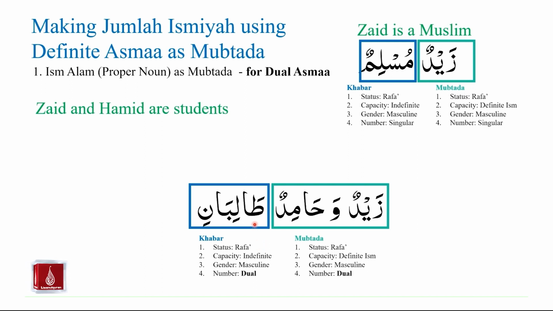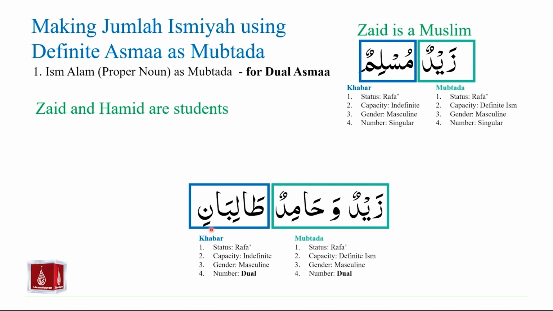Why? Because we know that ani and aini ending sounds will determine the status of dual asma. First of all, dual asma end in ani or aini ending sounds. And secondly, ani ending sound represents rafa status, aini ending sound represents nasab and jar status. That is why it was very important to focus on the learning of these ending sounds.